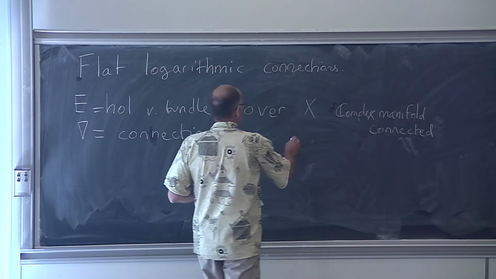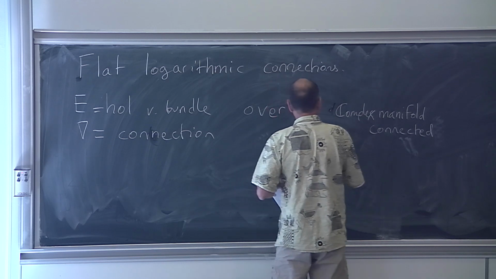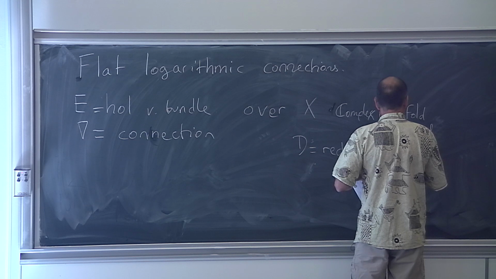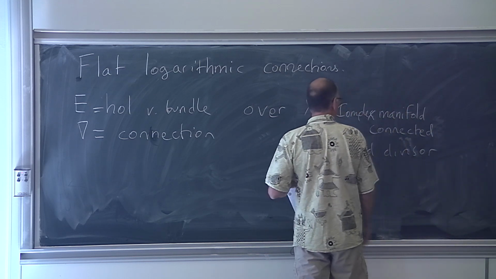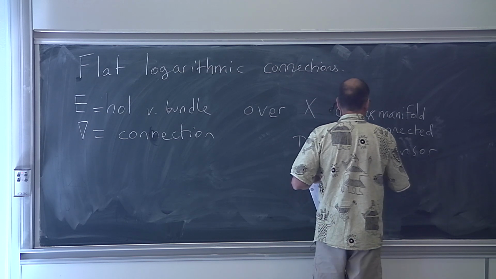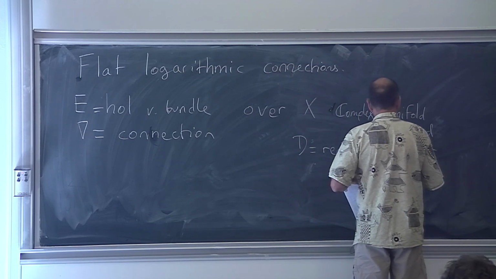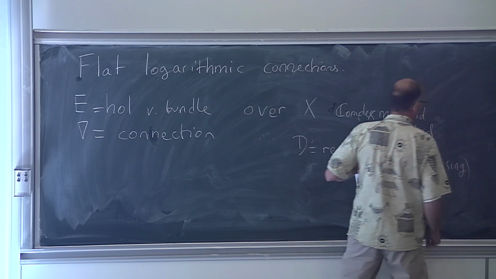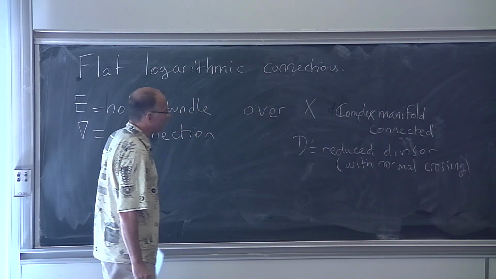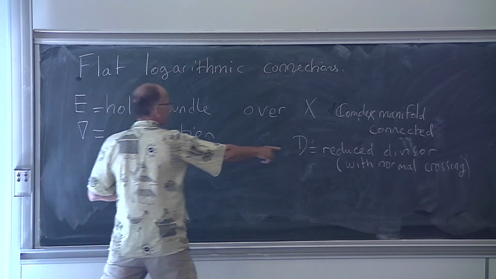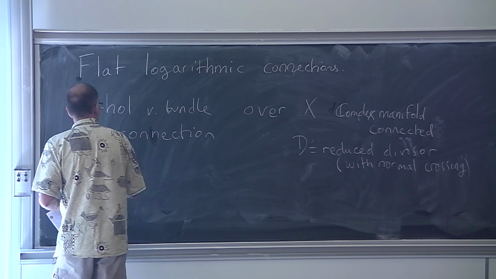And there is a divisor D, reduced divisor, which will be very soon with normal crossing. But for what we want to do, it will be enough to consider smooth divisor. And so the connection will have poles on this divisor.